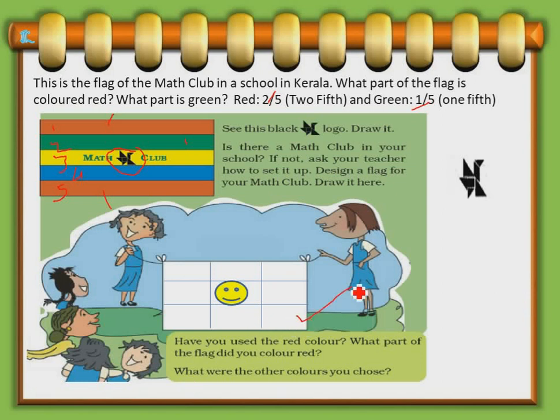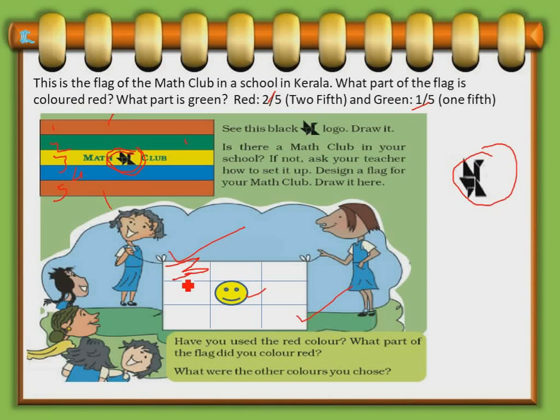I have drawn just a sample flag in which we divided it into parts, and I have kept some image in that way. So you can keep your own images. You have to draw a flag and keep some image, like this logo. You have to keep some logo for your maths club. Have you used the red color? You give some colors of your wish, okay?